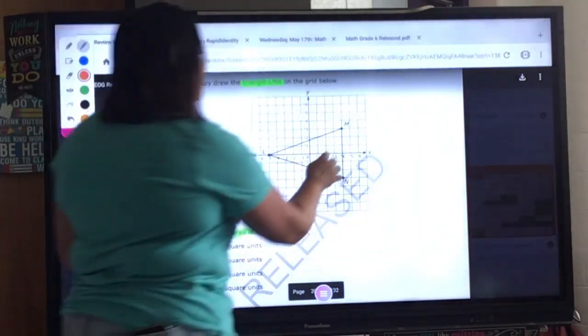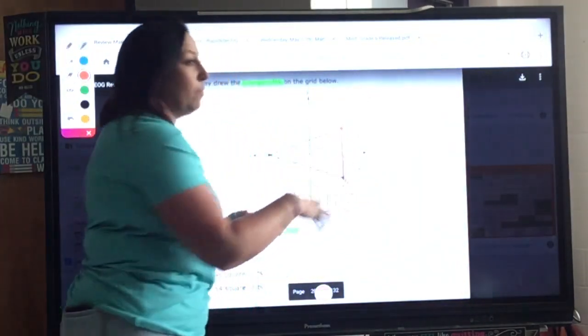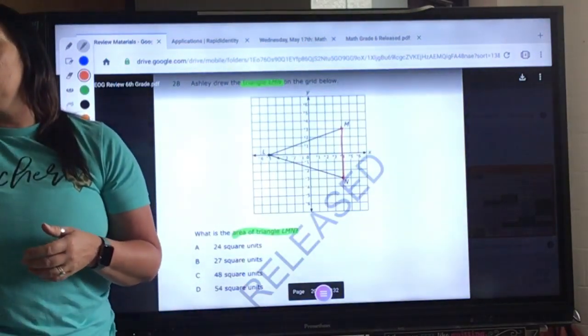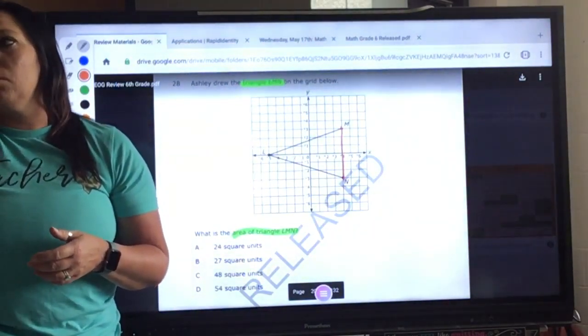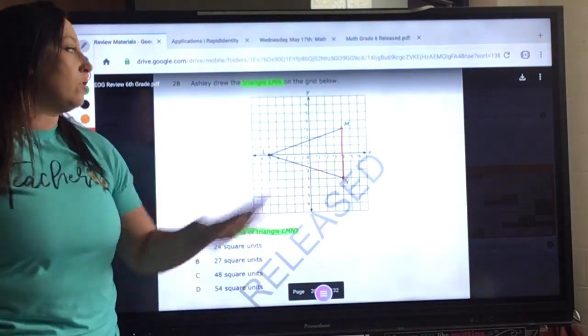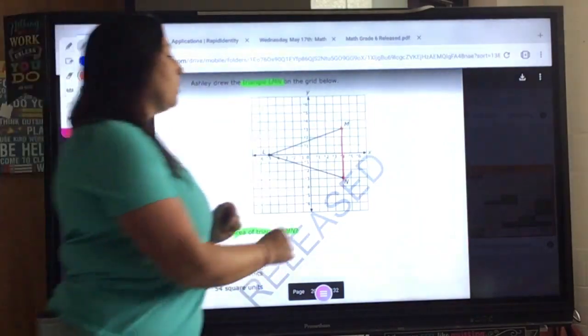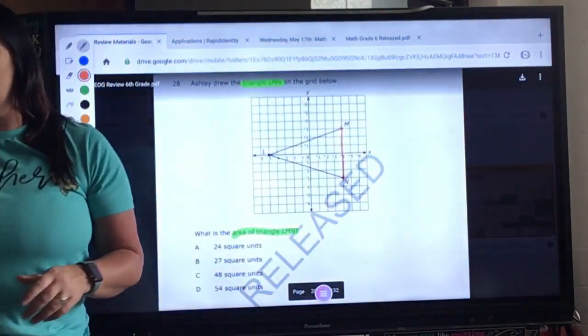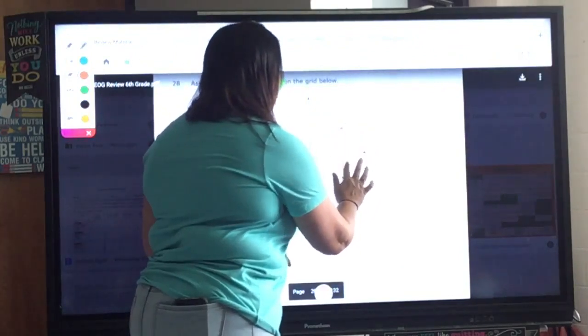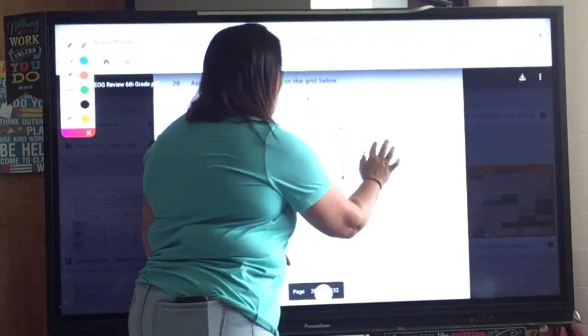Okay, so this is technically our bottom, or our base, right? And then what do you do with that? I would count it. So what would you count? The squares, so you're gonna count 1, 2, 3, 4, 5, 6. So your base is 6.